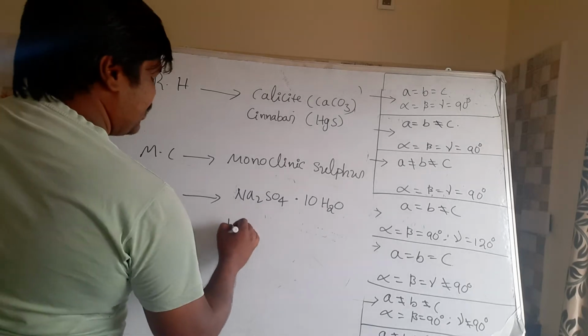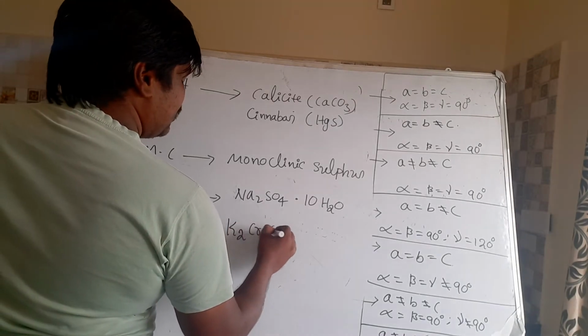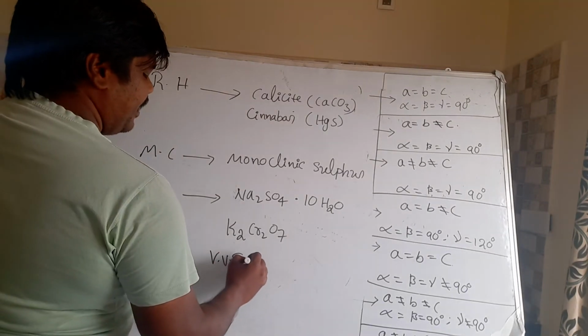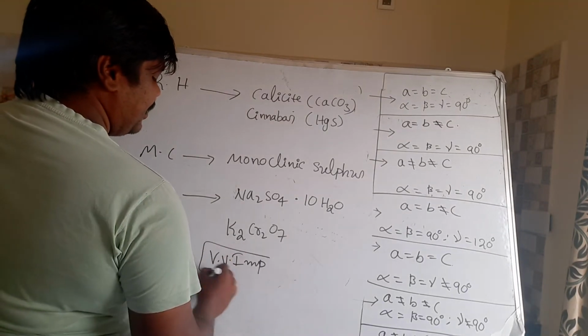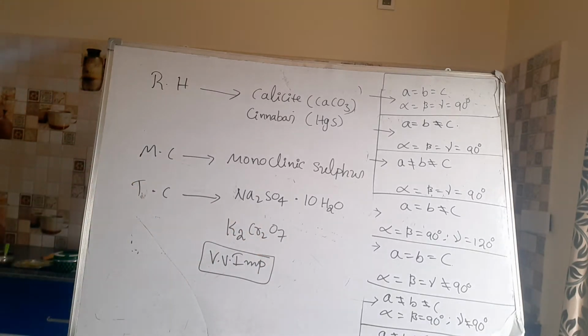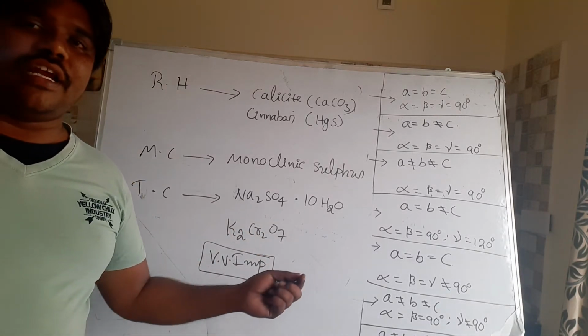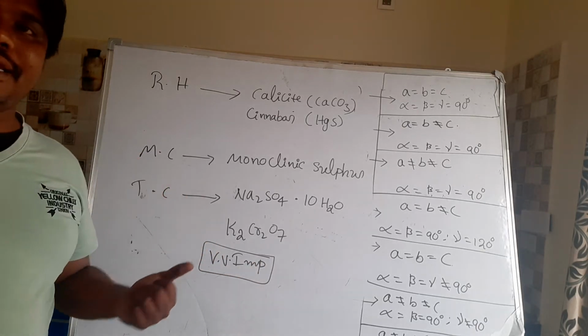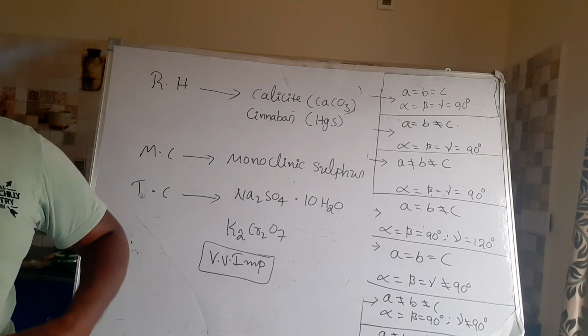This is very important, students. K2Cr2O7, very important. If they ask you what is the crystalline structure of K2Cr2O7, this crystallizes in triclinic manner. Okay, you just have to memorize.